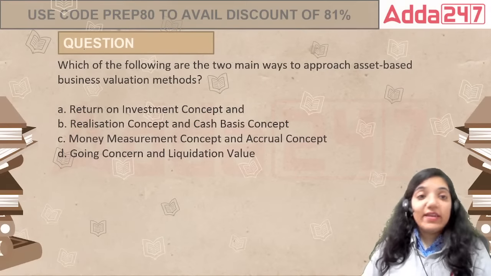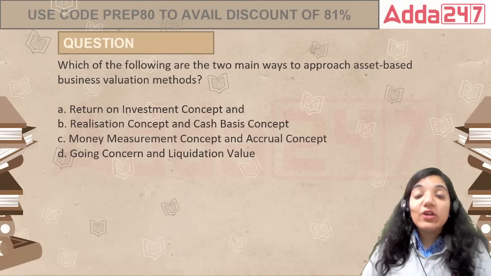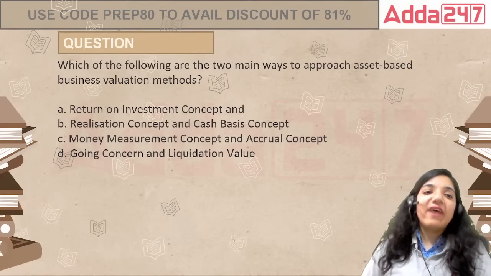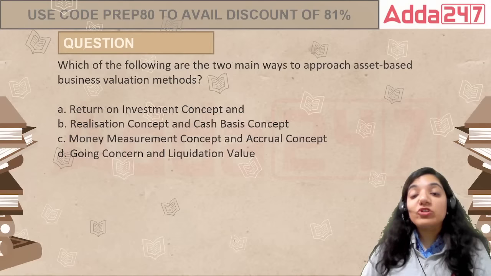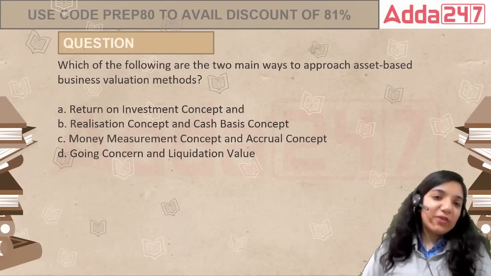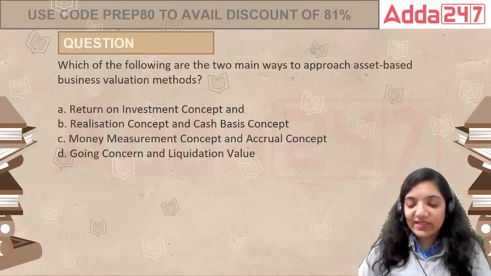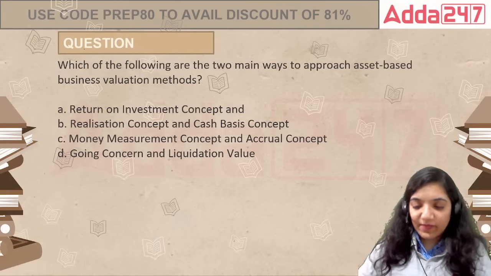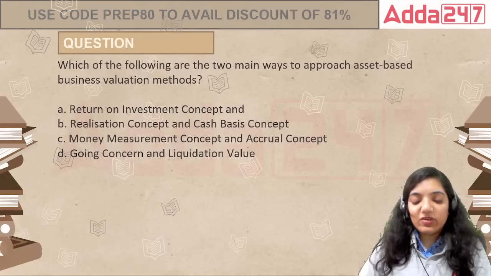Next question. The next question says, which of the following are the two ways to approach asset based valuation methods? What are the two main ways to approach asset based business valuation methods? This is a part of the module C. Asset valuation is there itself. The question says return on equity. Okay, return on investment concept.